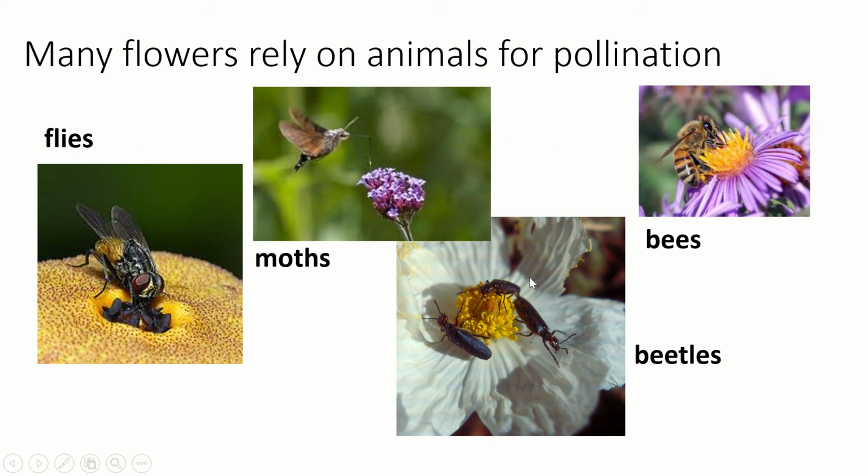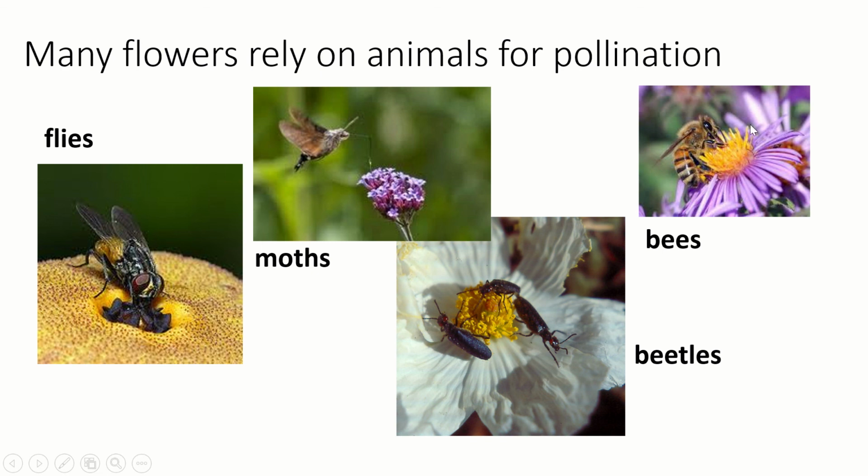Flowers that are pollinated by beetles sometimes don't have any odor at all, but they do tend to be wide and flat to give the beetles area to walk around and land. Bees gather the pollen from flowers to make honey to feed their offspring.